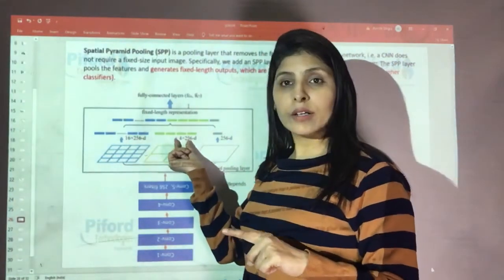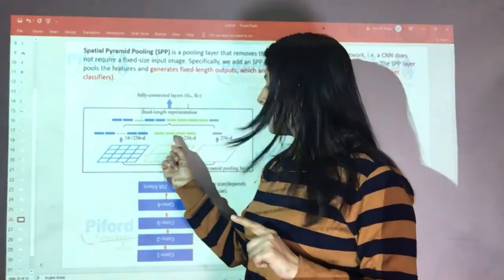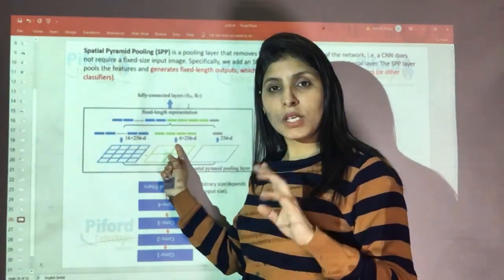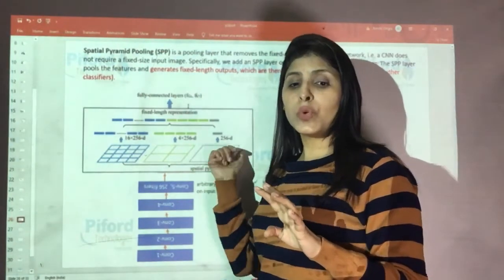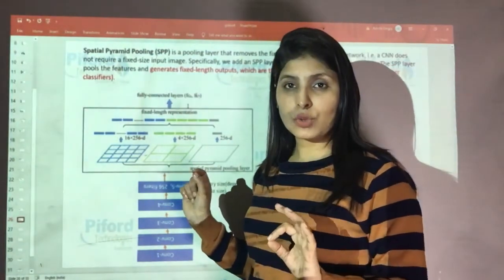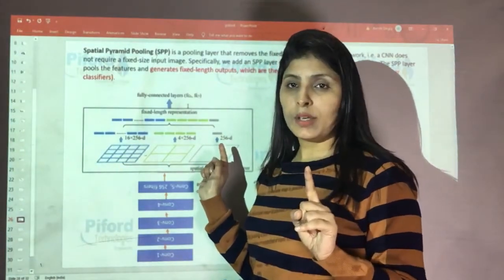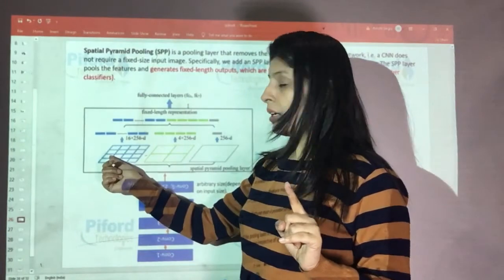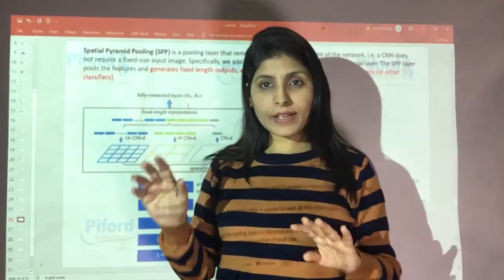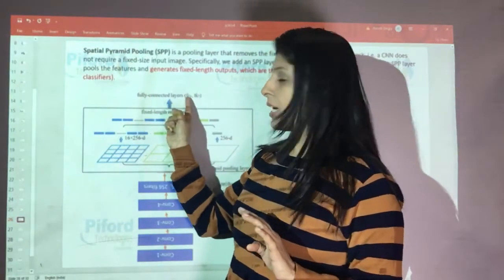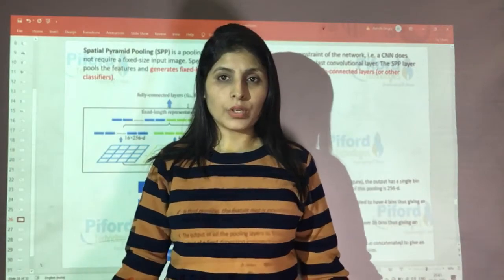Over here the output is 4 into 256, where 4 means 4 bins, and over here the output would be 256 dimensions only, because we are covering our whole image in one bin only. After that it converts our image into a fixed size, and then we have fully connected layers, which produce the output.